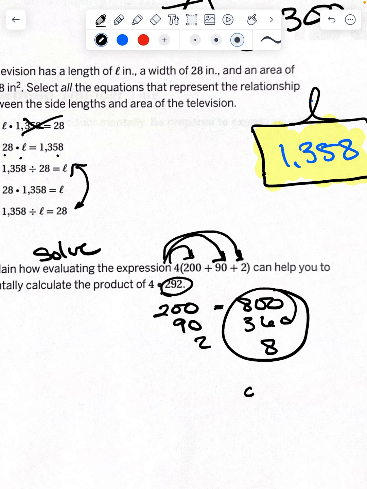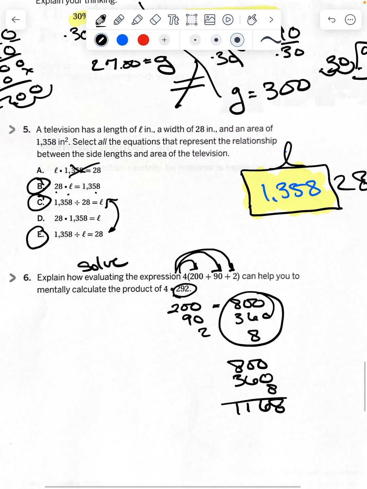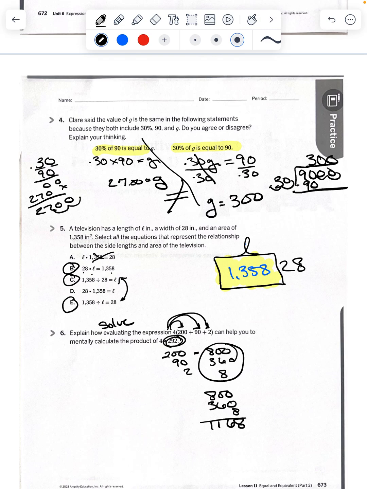Okay, I guess I don't have them lined up correctly, but you would have 1,168. So that's actually called the distributive property, which we'll get into a little bit tomorrow, but breaking down a number like 292 into a base 100 unit, a base 10 unit, and what's left over can help you do a little bit of mental math.